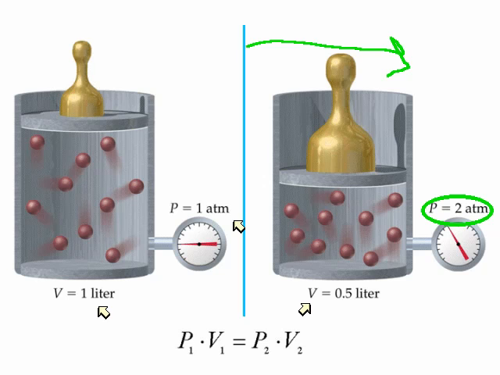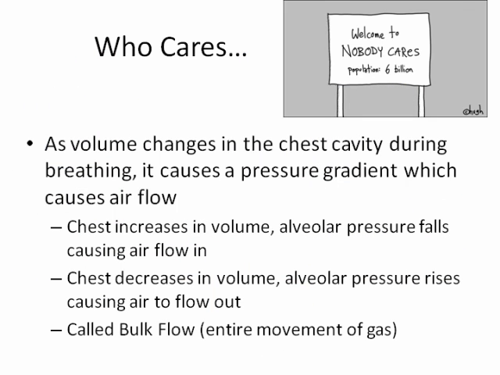And you can see that pressure is up to 2 atmospheres. Now, you may be sitting there saying, who cares? That's pretty straightforward. As you change pressure, you change volume. As you increase the volume, you decrease the pressure. As you decrease the volume, you increase the pressure.